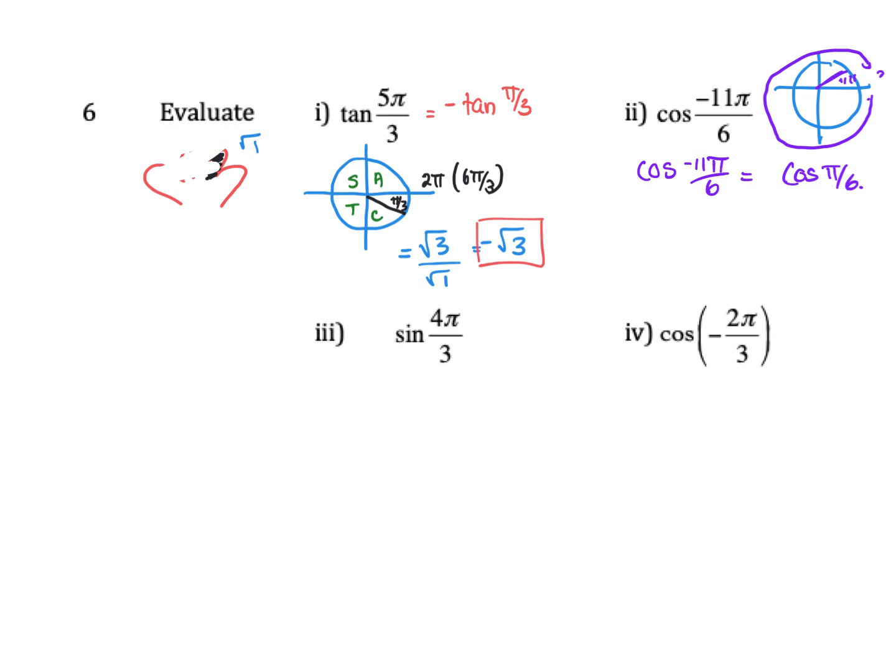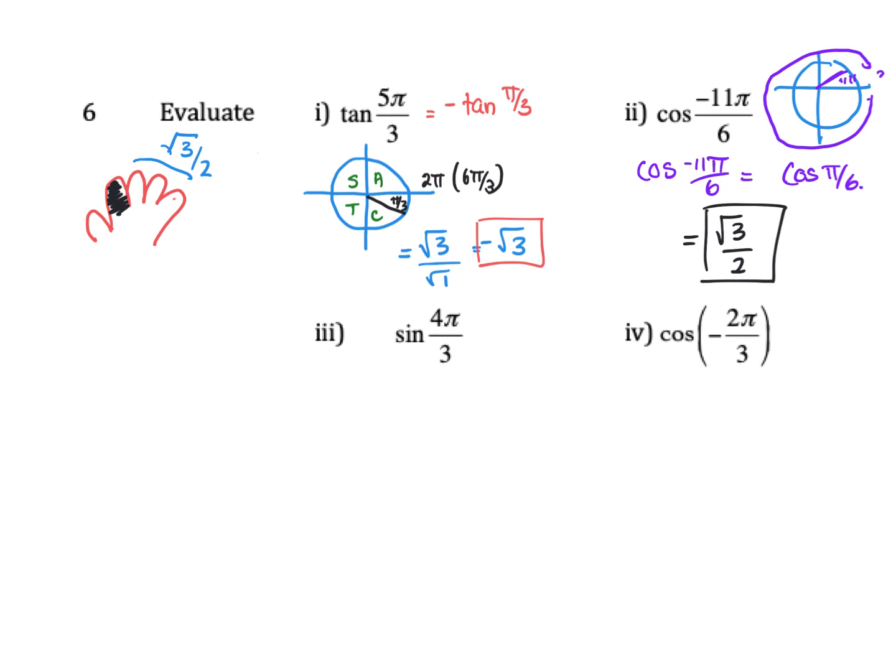So if I go back to my hand, I'll just redraw it again. Okay, so if I think about my hand, I want pi on 6. So pi on 6 is this one, the second finger, and cos is always the square root of those to the right, so it's square root 3 over 2. So this one equals square root 3 over 2.